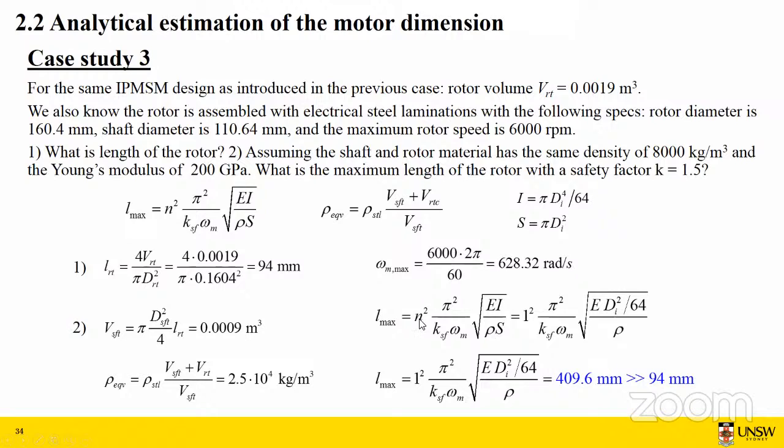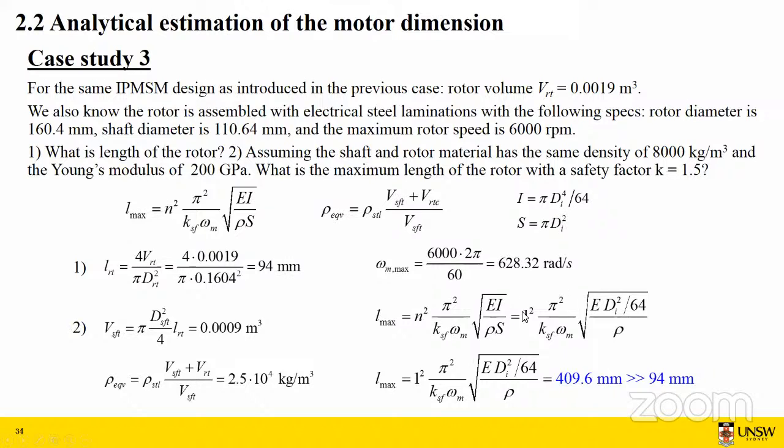Okay. This is the critical speed order 1 in this case. I is pi times the diameter to the power 4 divided by 64. Cross-sectional area is pi times d square. Oh, sorry, it should be I square.